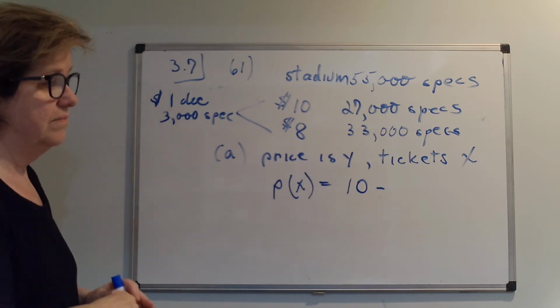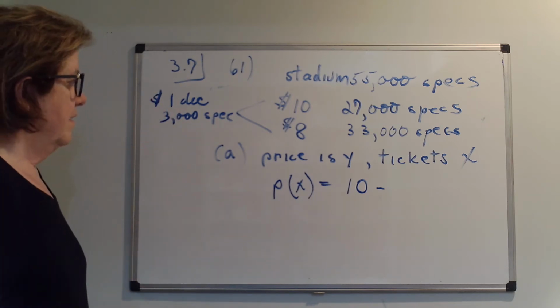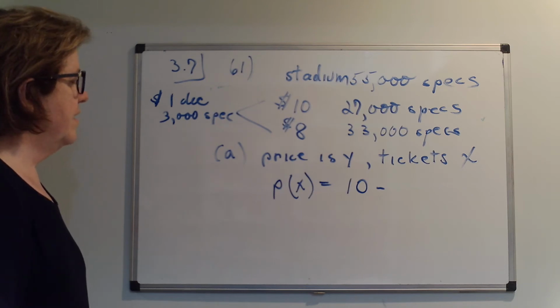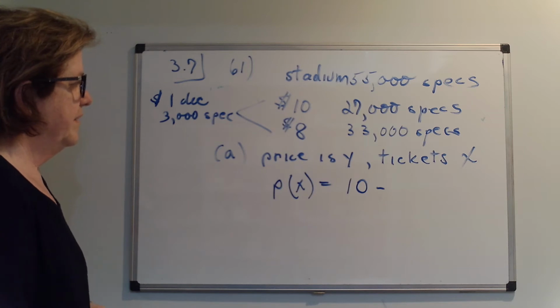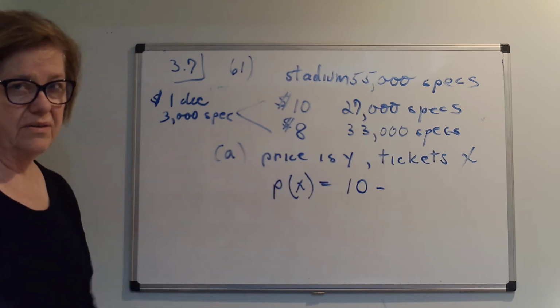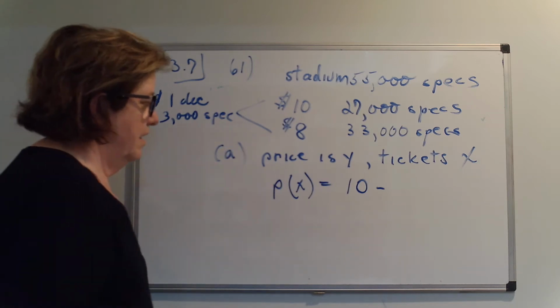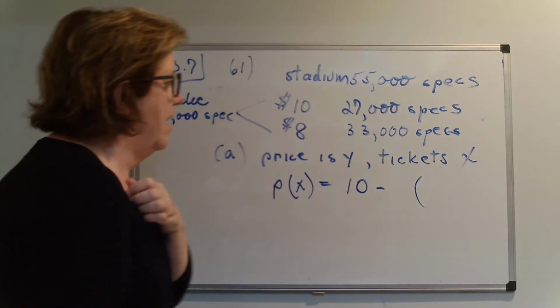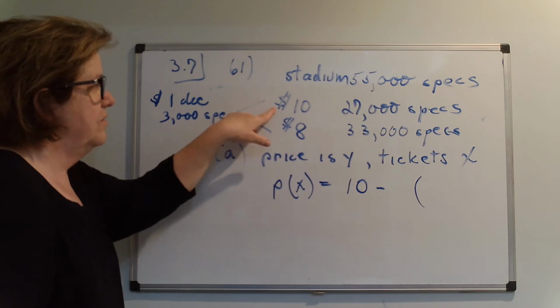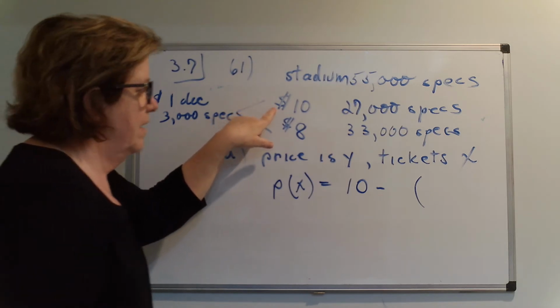It's a ratio. So how much do I have to go down? Well, X is the number of spectators I want. Let's say I want to go beyond the 27,000.